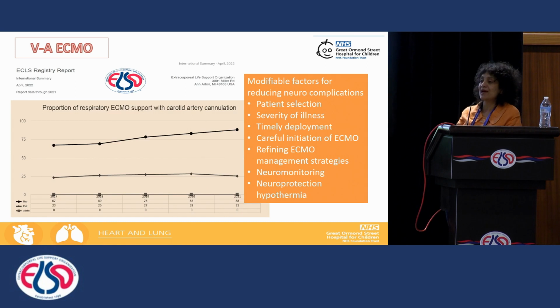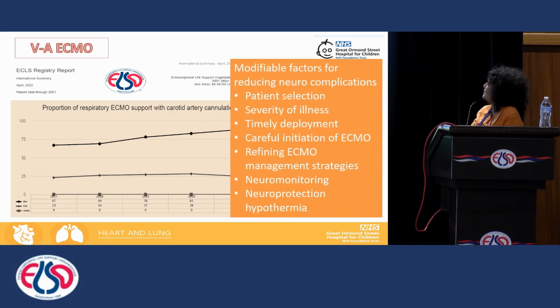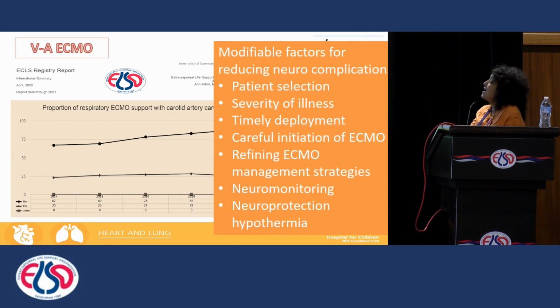And so coming back to this point of what are our modifiable factors for neurocomplications: patient selection, identifying the severity of illness, go early before the child is super sick or has had a cardiac arrest, timely deployment of ECMO, careful initiation of ECMO.